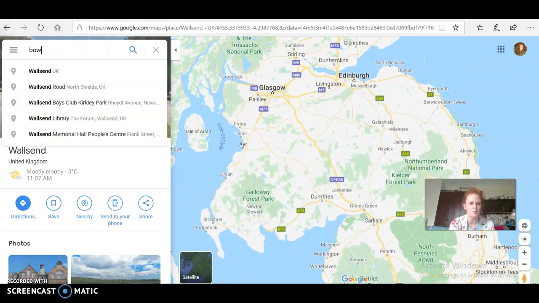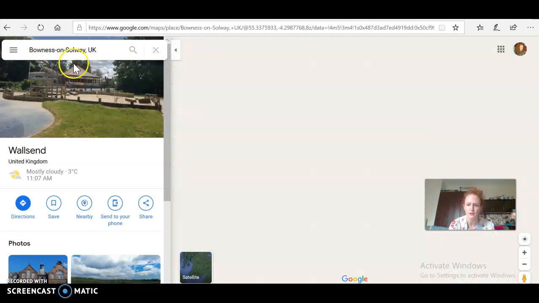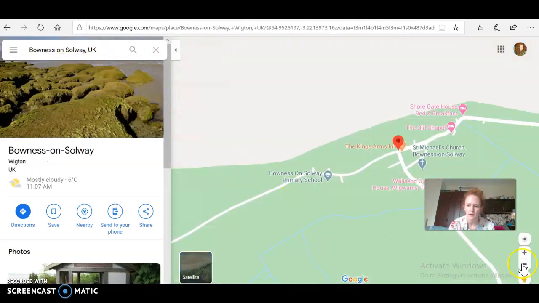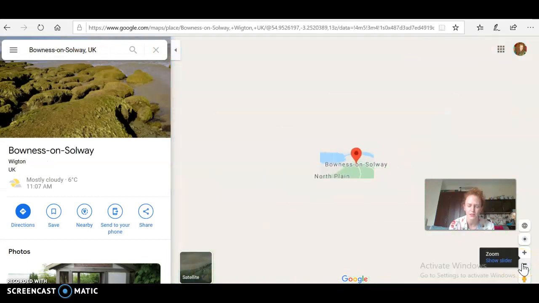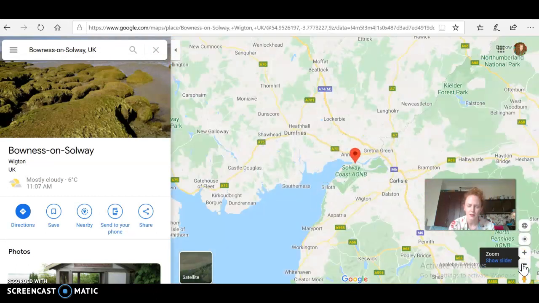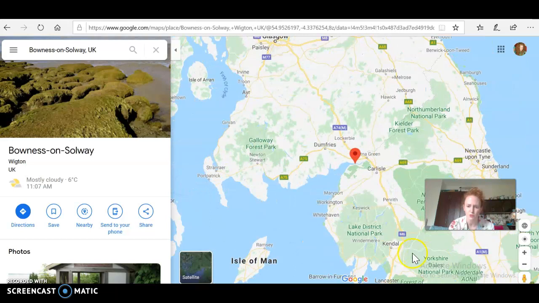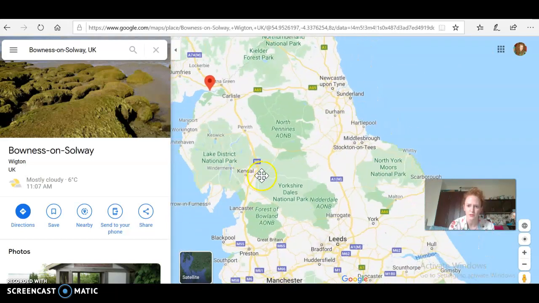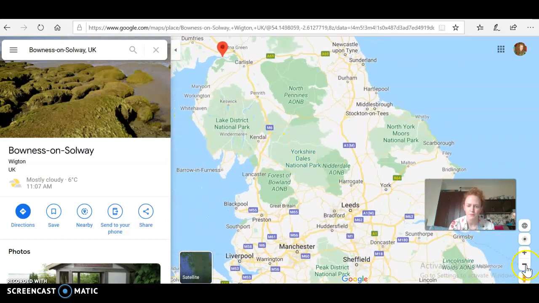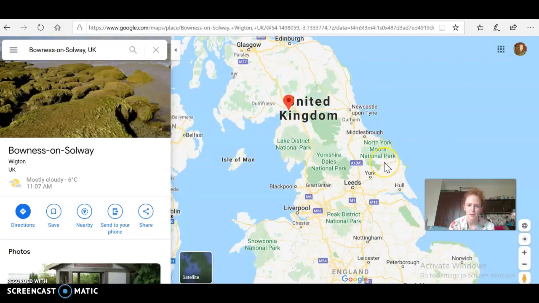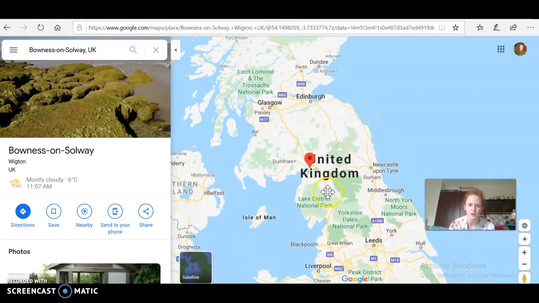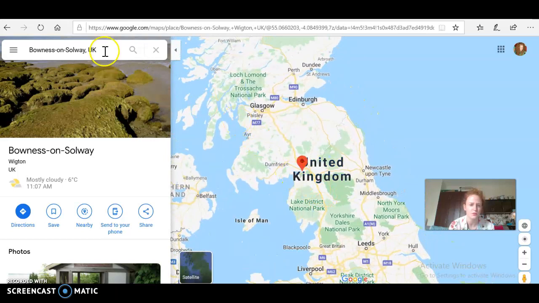So the first one was Bowness on Solway. There we go. So that's here. And the second one that we looked at was Wallsend, right? So this is where it is, and the Wallsend.